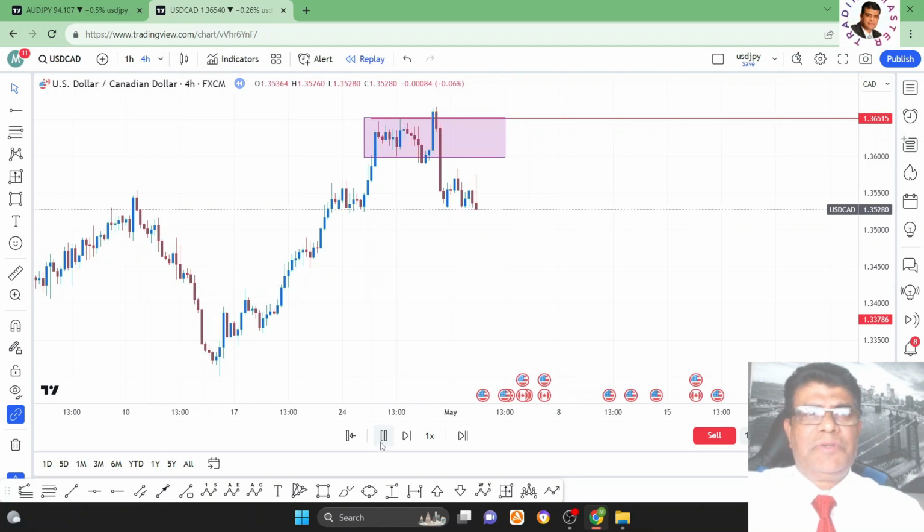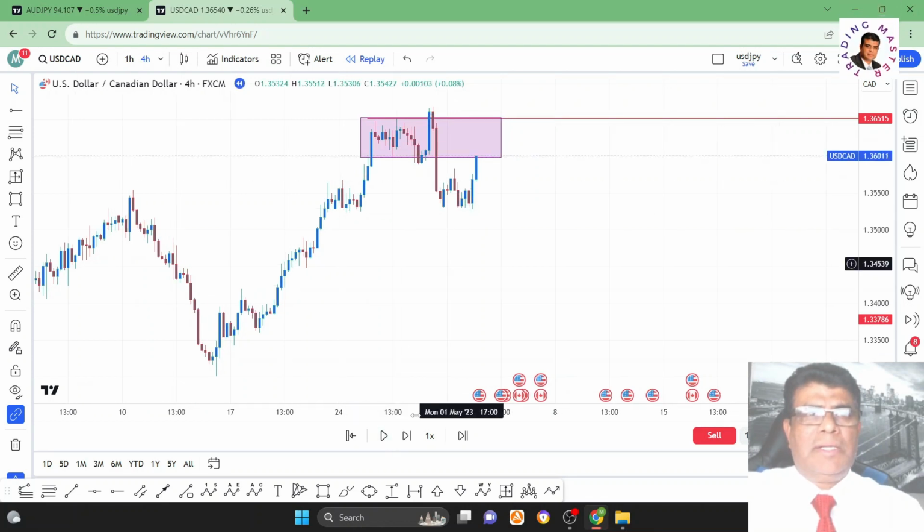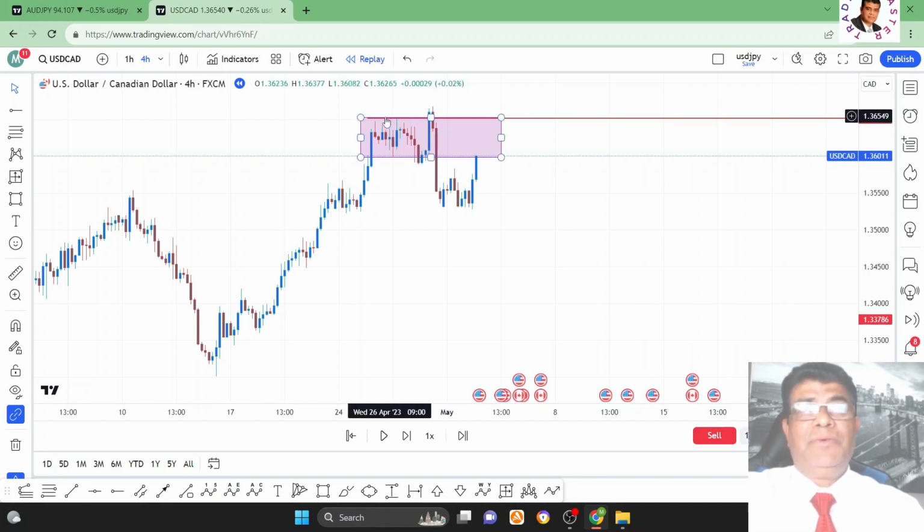Okay, so now you see, if I waited for the retest. But if I didn't wait for the retest, my stop loss would have been triggered somewhere here, because my assumption was that somewhere in this area, the next candle is going to rebound.